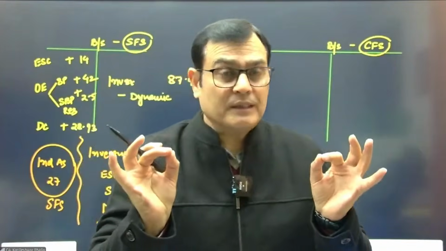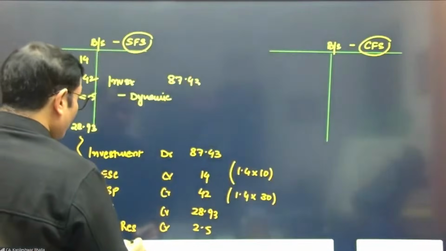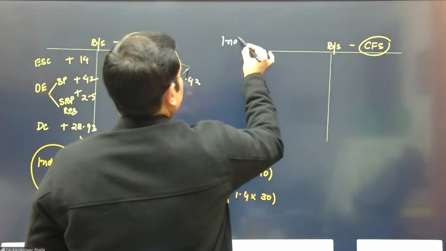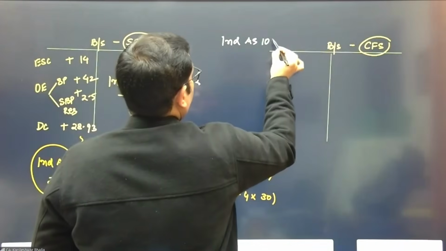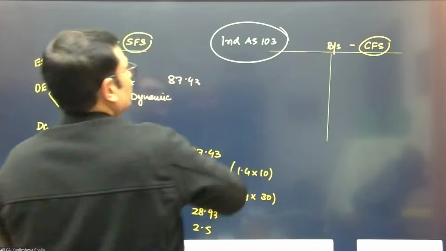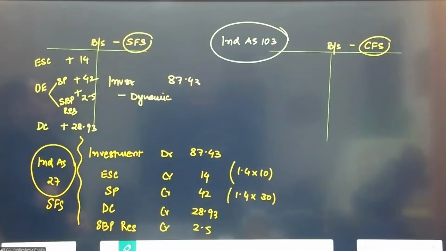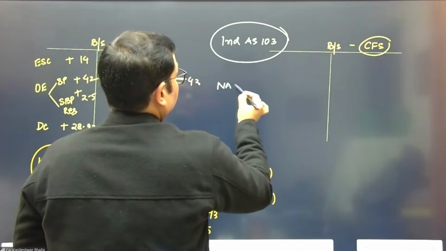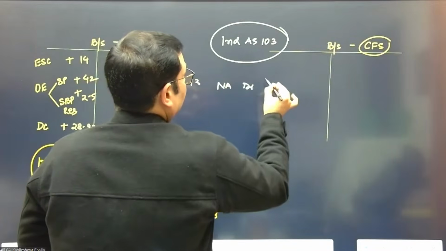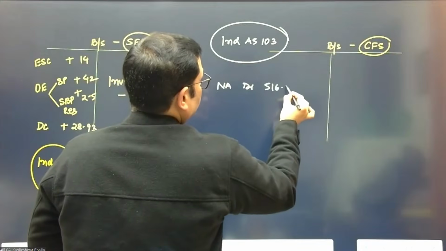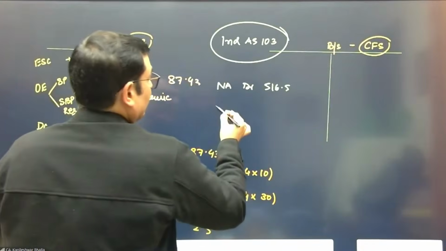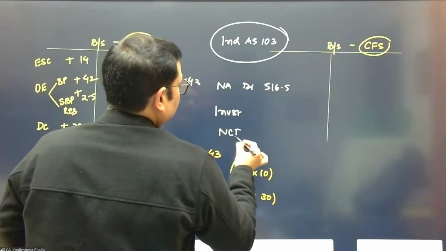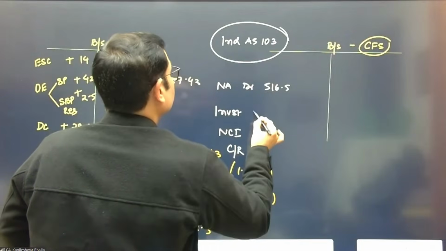Now see what you're doing. Now what we're doing is we are putting an entry under Index 103. So when you're putting an entry in Index 103, you said, let's capture the net assets. And that is to the extent of 516.5. And let's give a credit to the investment. Let's give a credit to the NCI, and let's get a capital reserve.